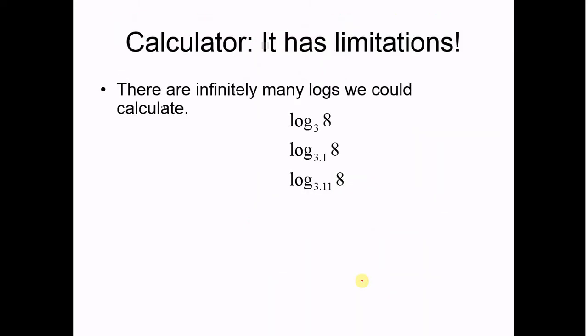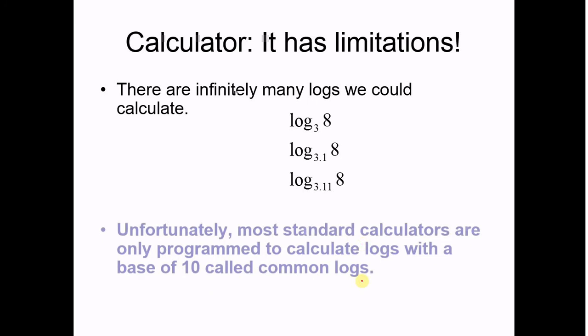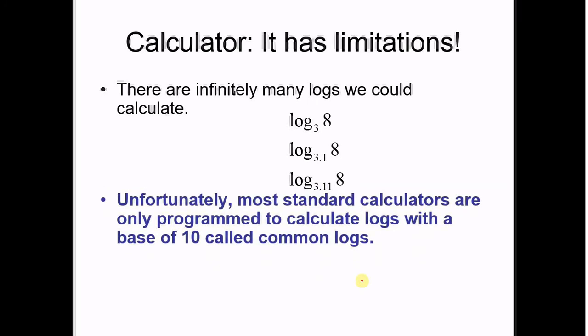Now you're saying, well, can't we just do this on our calculator? Yes, but your calculator has a little bit of limitations. There are infinitely many logs you could do. You could do log base 3 of 8, log base 3.1 of 8, log base 3.11 of 8, as many logs as you want, but most calculators are only programmed to calculate logs with a base of 10.